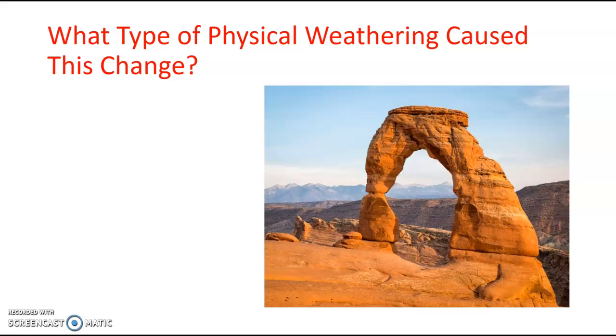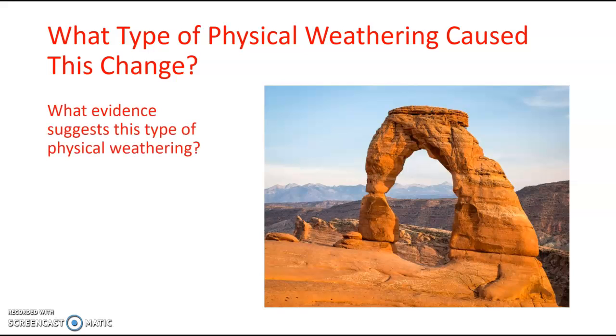So this is a very famous rock formation in the American West, and it is in Arches National Park because there's a lot of these really cool formations out there. And this was caused by wind. And the thing that can suggest that to us is that there's no water around, and it's really at a high elevation.